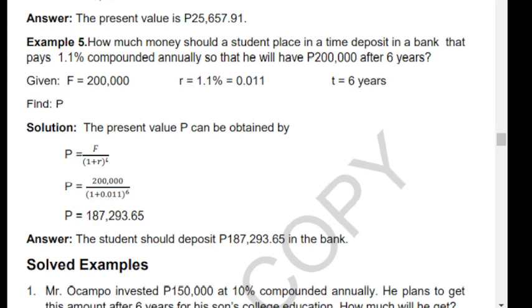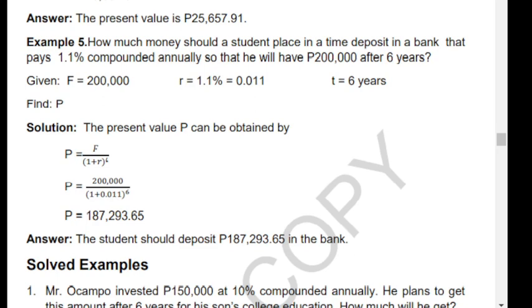So the present value P can be obtained by P is equal to F over quantity 1 plus r to the power of t. So we have 200,000 divided by quantity 1 plus 0.011 exponent 6.